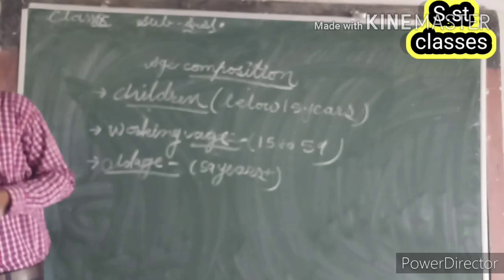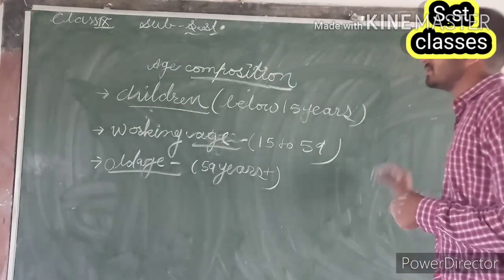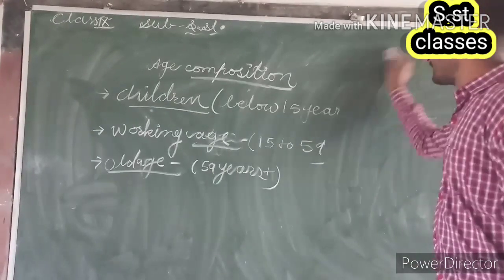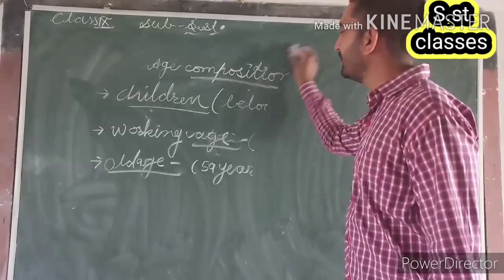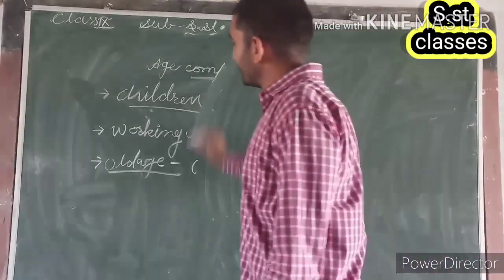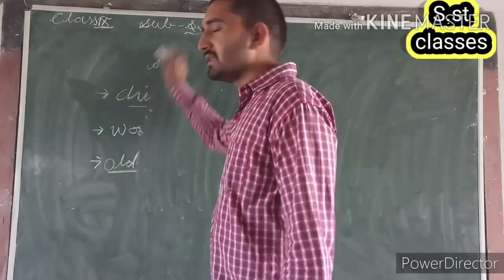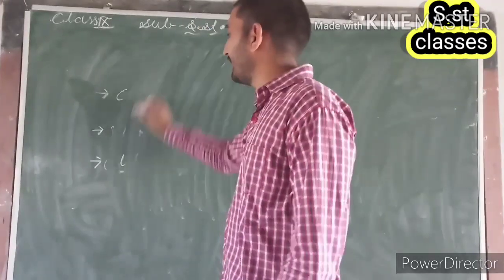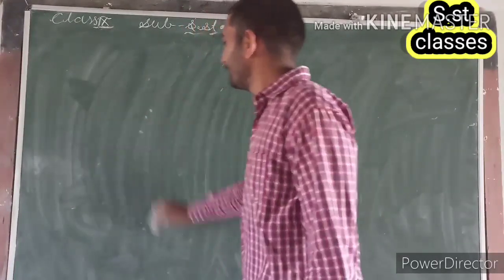So the most important part from the economic point of view for a country is the working age group. And if we talk about the census data, then in India nearby 58% is related with the working age group, 34% is related with the children age group, and finally the remaining 7% is related with the old age group.